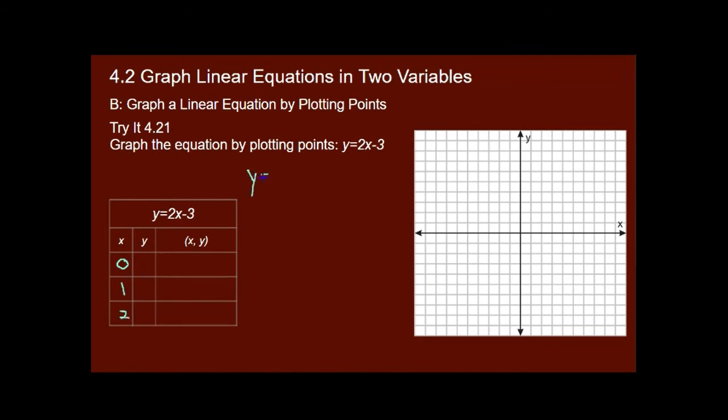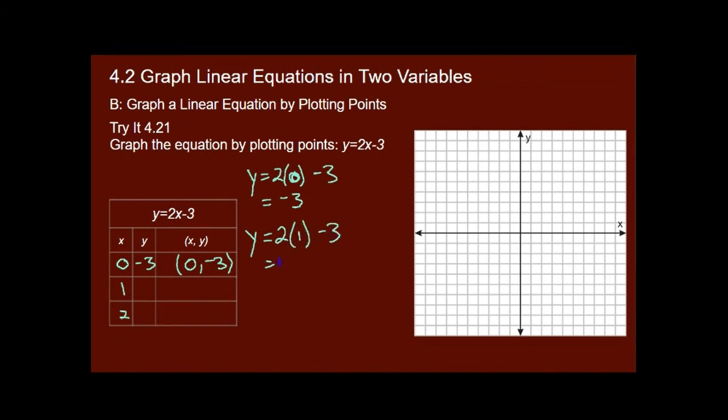So y is equal to 2 times 0, that's a 0, 0 minus 3, which is negative 3. Okay, so when x is 0, y is negative 3. So my ordered pair is 0, negative 3. Okay, and now I'm going to plug in 1 for x. Y is equal to 2 times 1 minus 3. 2 times 1 is 2.